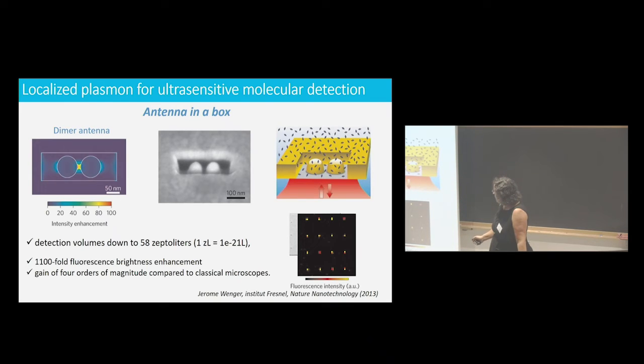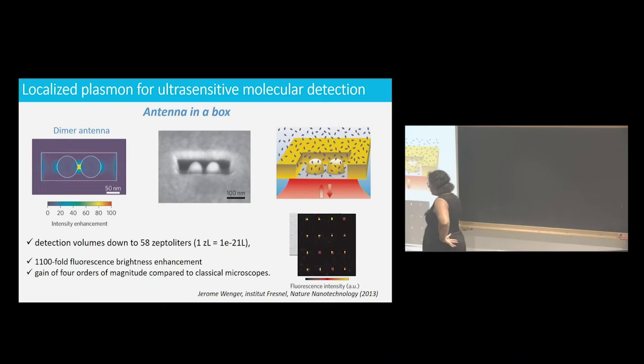So here you have a dimer antenna. You put molecules here, and when these molecules are inside this dimer antenna, what you can see is fluorescence, which is very high. So here you can see that you have molecules everywhere, but the only places where you see fluorescence are the places where you have put your dimer antenna.